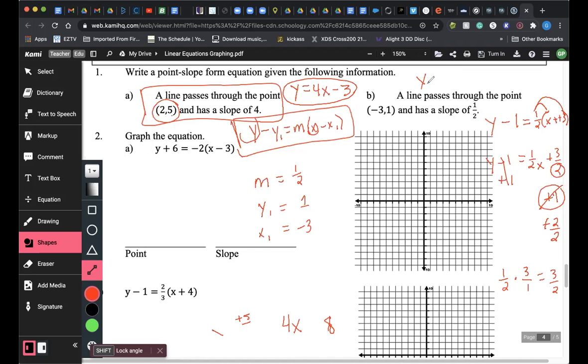So my equation is going to be y is equal to 1/2 x plus 5 over 2, because I did 3 plus 2 to get 5. So y equals 1/2 x plus 5 over 2.